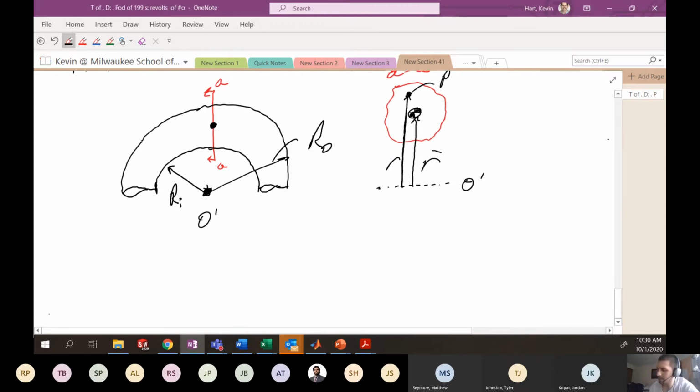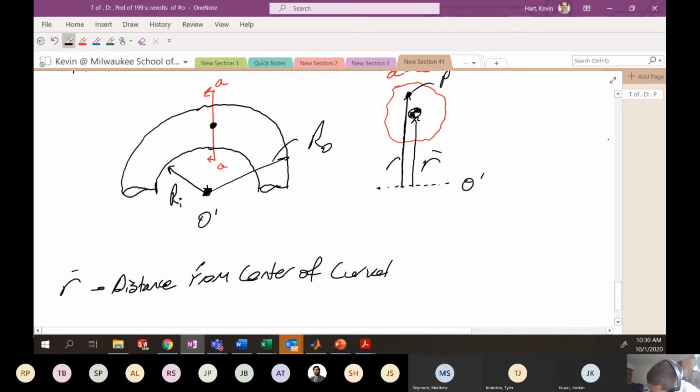So let's put some writing to this. R bar is the distance from the center of curvature to the centroid of the cross section.